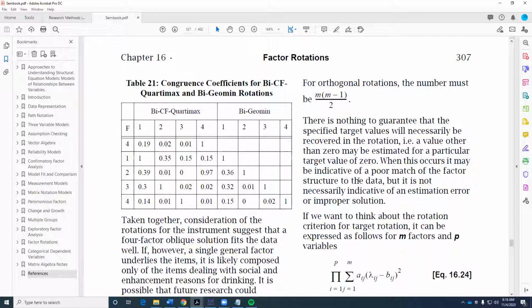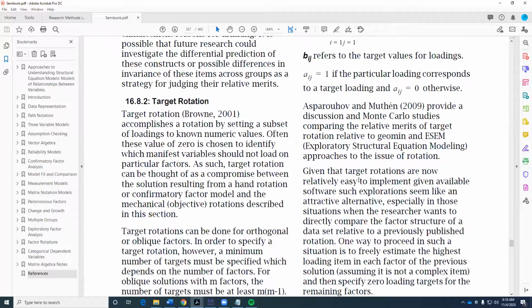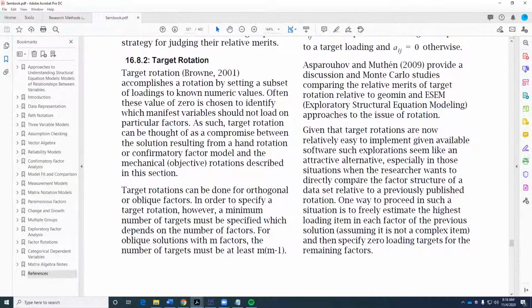Now, sometimes when you're doing your study, especially when you're doing the rotations, you might say, I really think that I have a theory, or there's somebody out there who does have a theory about what this factor solution should look like. An example of that happening is when somebody else has done a scale and you're doing a scale as well.